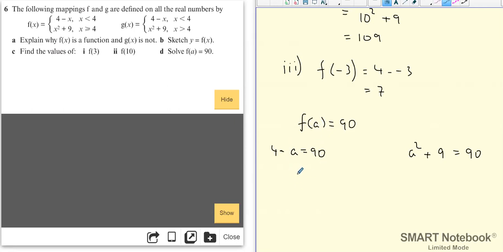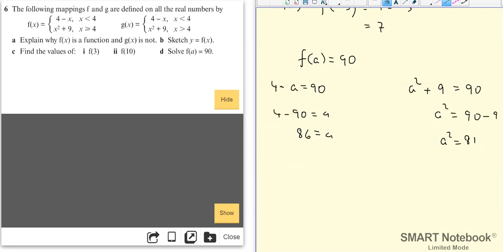So now we get that 4 minus 90 equals a, and a equals 86. Over here, we get a squared equals 90 minus 9. A squared equals 81. What are my a values from the right hand side?